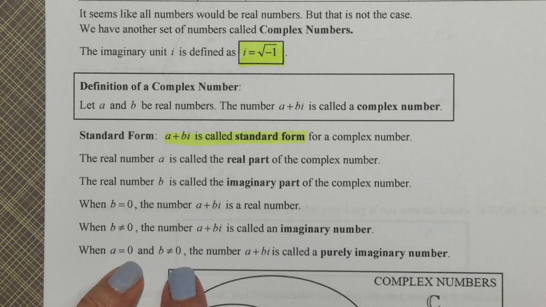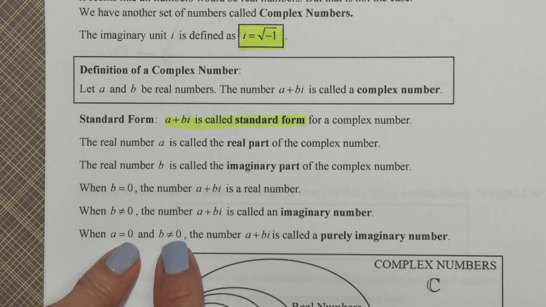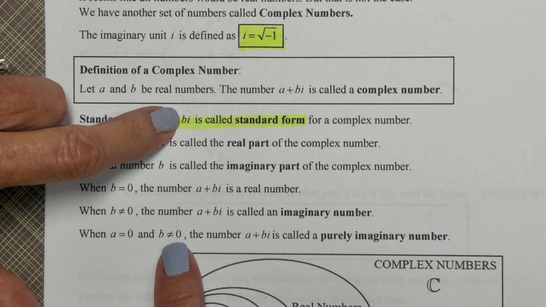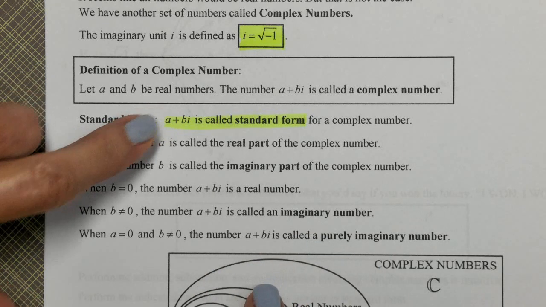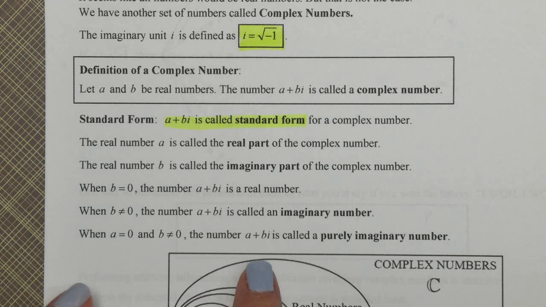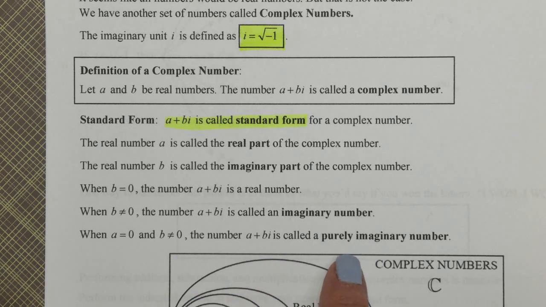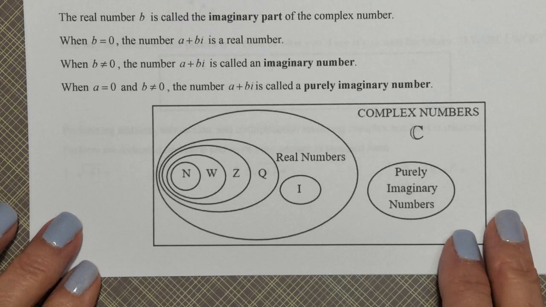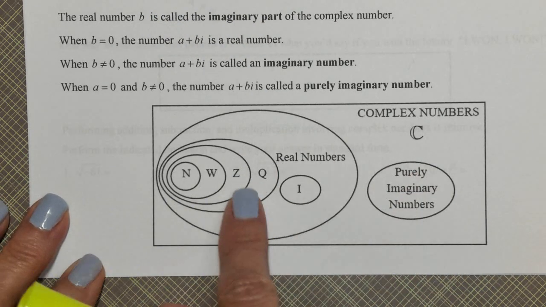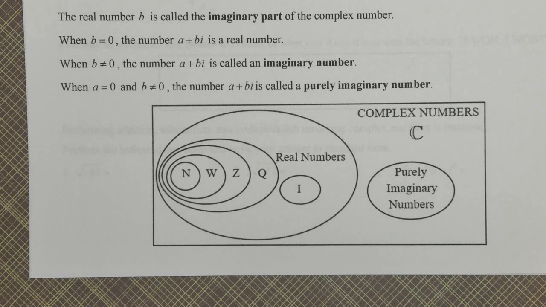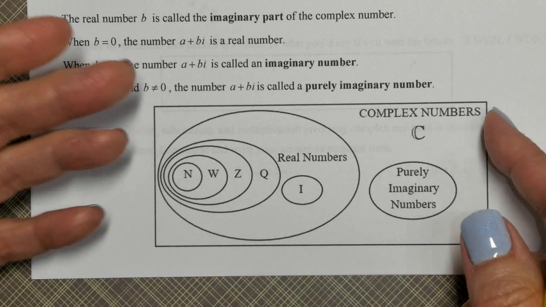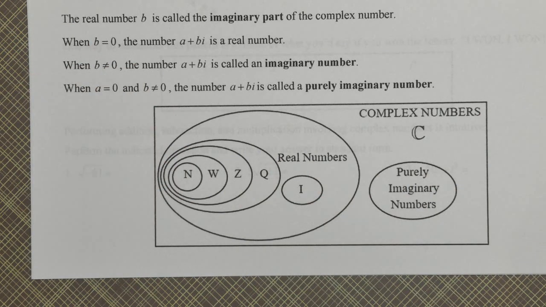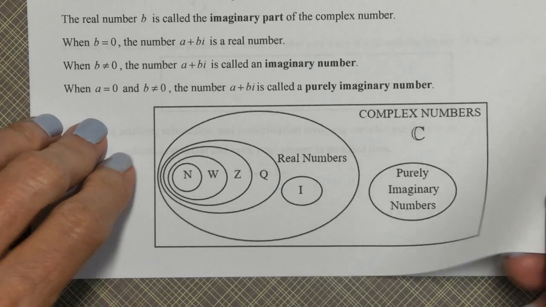If a is 0 and b is not 0, so it would look something like 2i, 3i, square root of 5 i, your number is called a purely imaginary number. This is a good visual of our sets of numbers. The real numbers compose a lot, but the complex numbers compose everything.